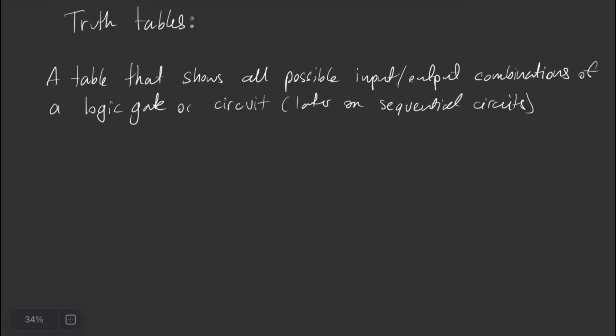Okay? A truth table is a table that shows all possible input-output combinations of a logic gate or circuit.